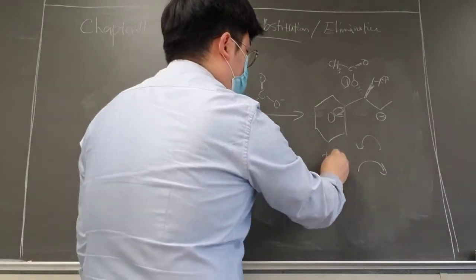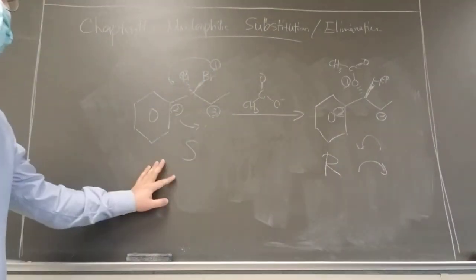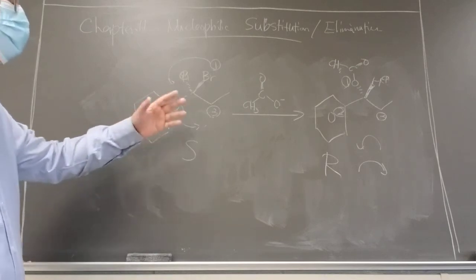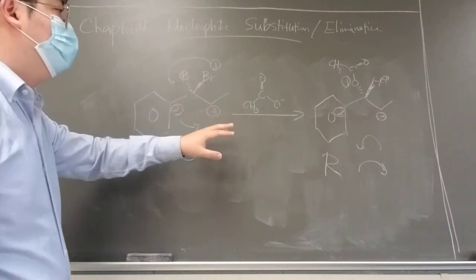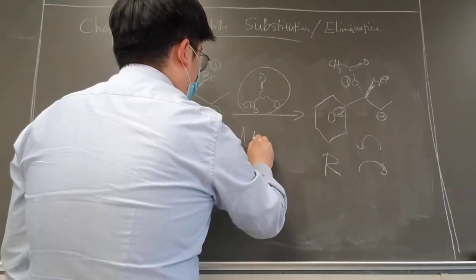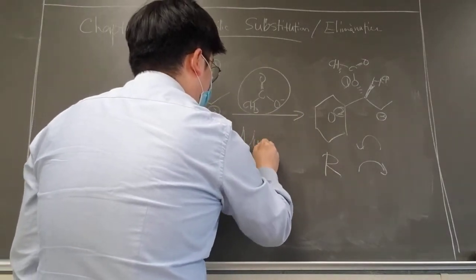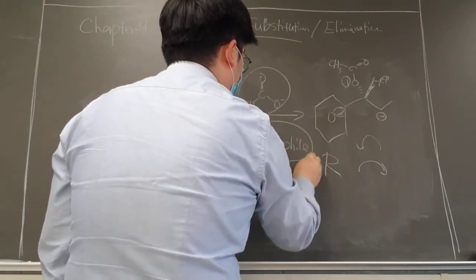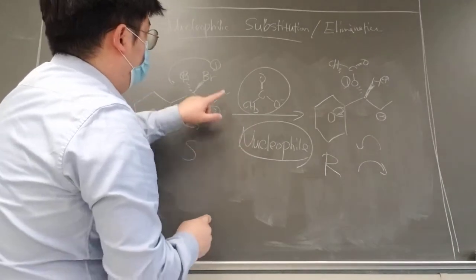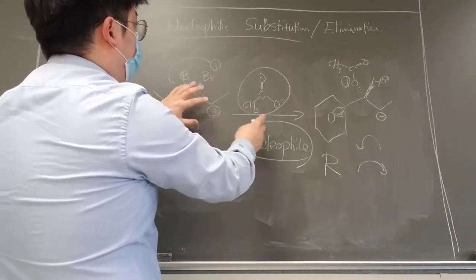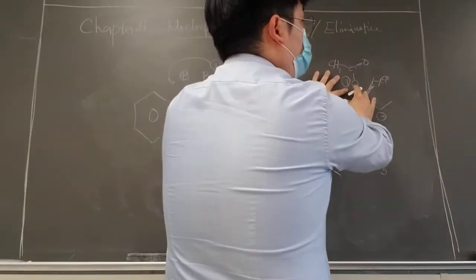Good notice. So this indeed makes the configuration change when you do this type of interaction here. So we call this our nucleophile. Okay. So the nucleophile will replace the halogen group, so you can have it in this position.